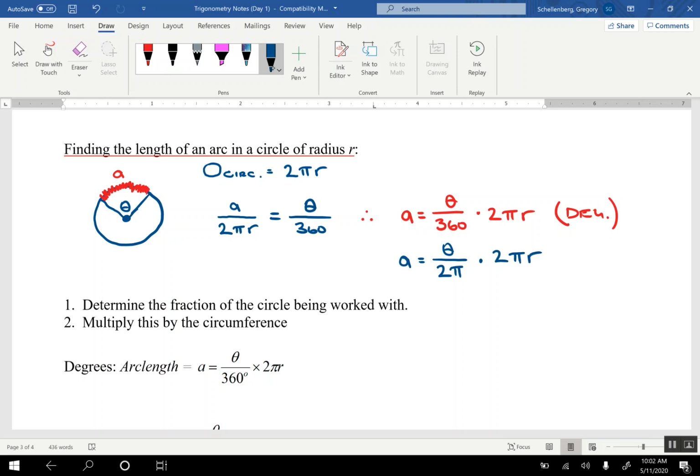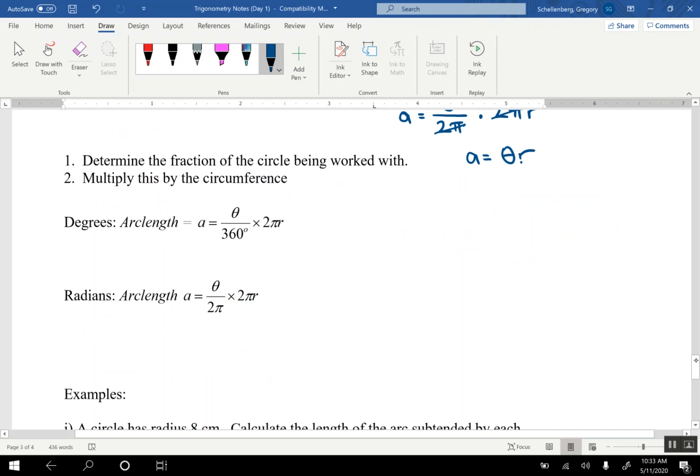But what we notice here is that these 2 pi's cancel each other out. So our arc length formula becomes theta times r. And so this is our formula in radians. Now let's apply this to some different examples.